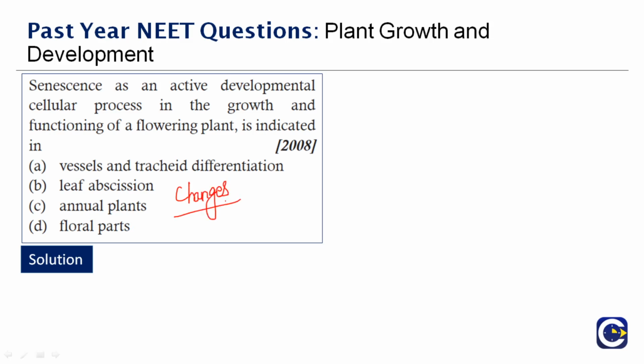What changes? The changes that occur in an organism in the period between maturity and death. We all grow, right? Every living organism, as soon as it is born, starts to grow, and of course once there is life there is death as well.